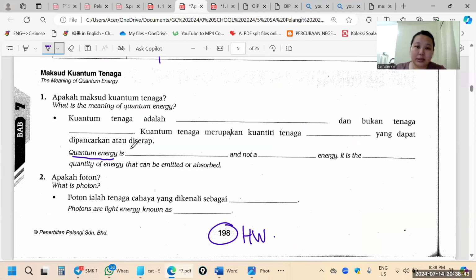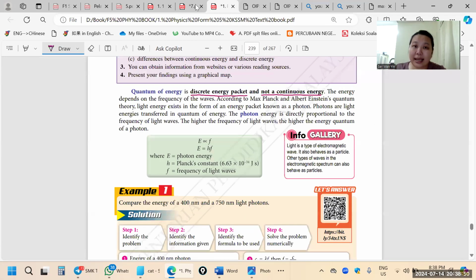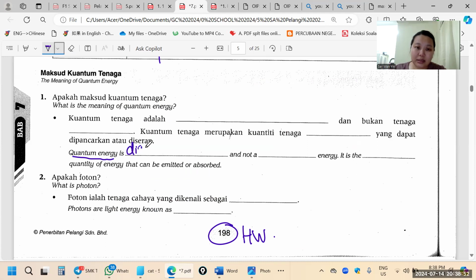Discrete means one by one separately, okay? And not a continuous energy.